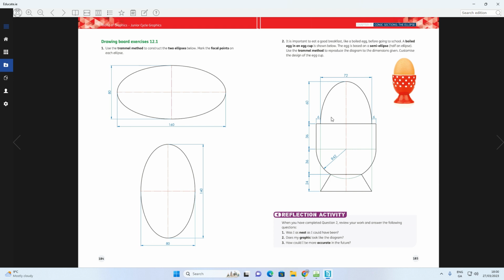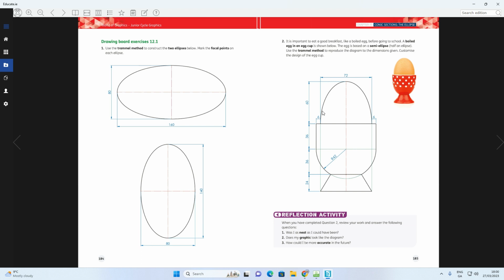So you can see here we've got from the center point of the semi-ellipse, this direction here is the direction of our major axis, and then our minor axis is running in this direction, okay, because it's a vertical ellipse, or in this case a vertical semi-ellipse. It's not going horizontally, it's actually going vertically, like this one over here. So we have to take a bit of information off the sheet.